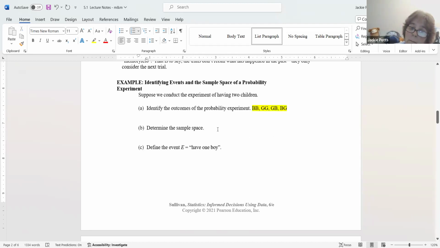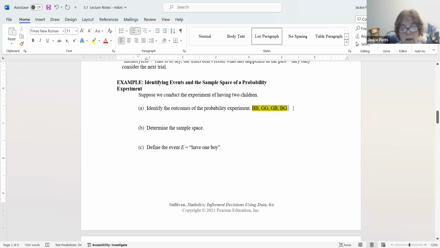All right. So determining the sample space, it's actually what I just did, I'll be honest.